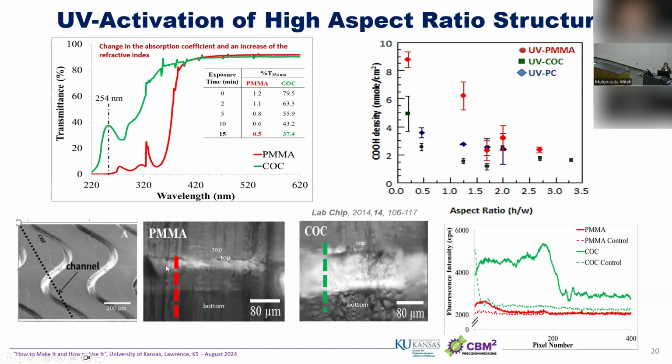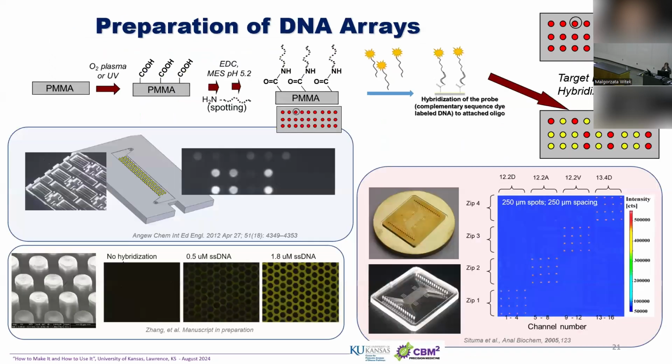You can see this is the intensity in a 150 micrometer deep channel for PMMA. This bright thing indicates the fluorescent dye. So you can see that here's the bottom of the PMMA. This is the modification, the gradient. This is the COC. COC is much better at accepting UV activation for high aspect ratio structures.